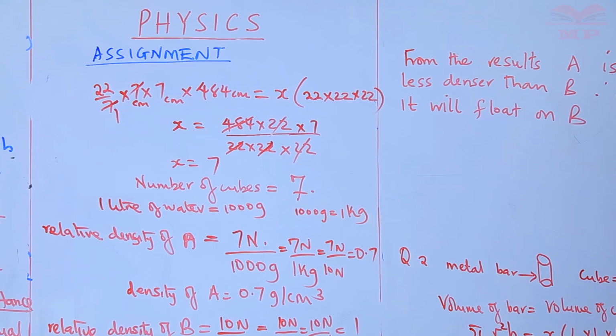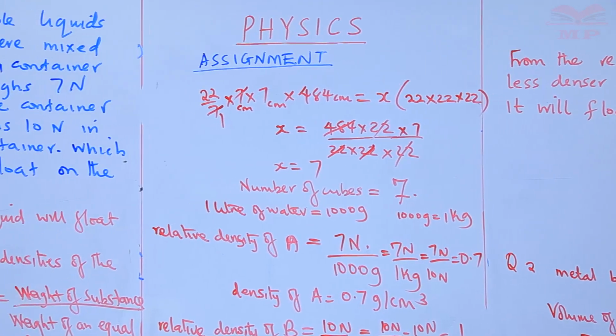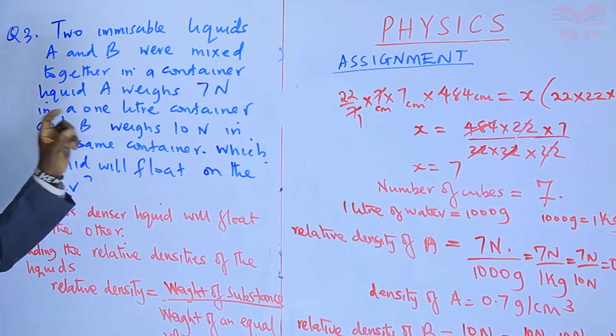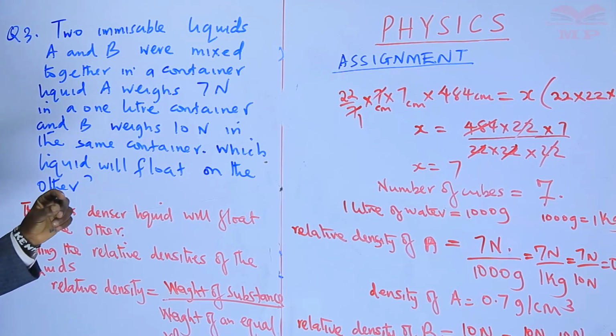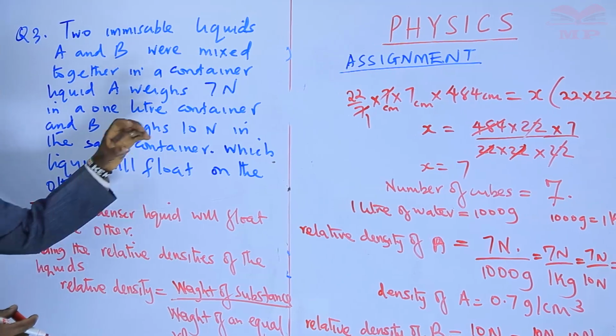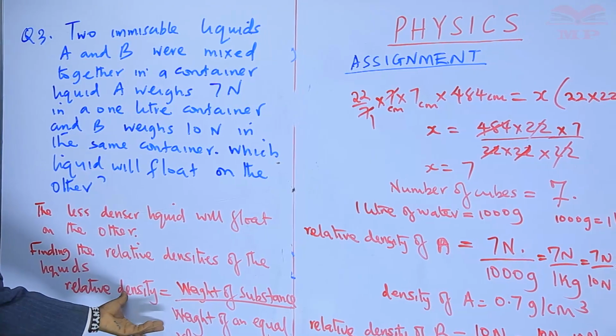Note this statement very carefully. Relative density. They have compared there with 1 liter container. So you use that equal volume to get their relative densities.